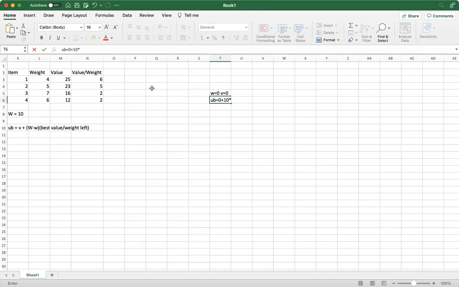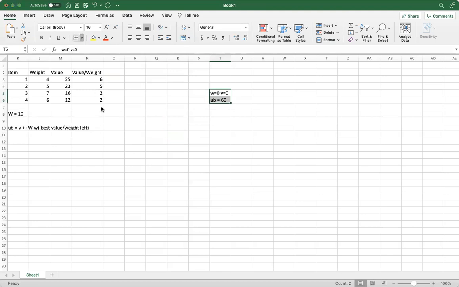So this is going to give us a UB of 60. That's the 0 plus the weight of 10 minus 0 is 10 times the best rate that we have there. So I'm going to make this my initial condition.